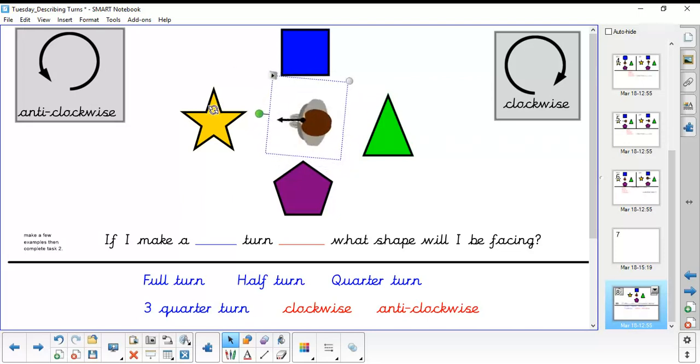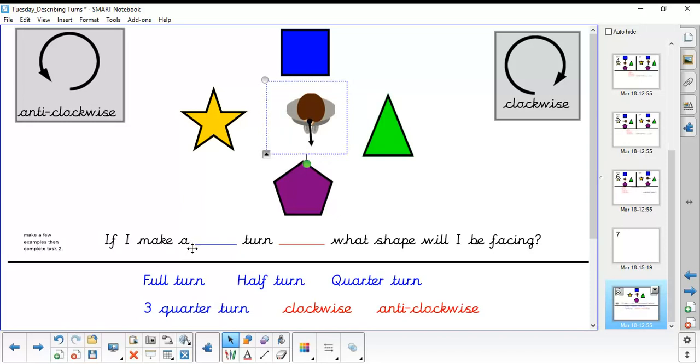Now let's imagine that the man is facing the yellow star. If I make a 3/4 turn clockwise, what shape will I be looking at? Well, here we have 1/4, 2/4, 3/4, the man will be facing the purple pentagon.